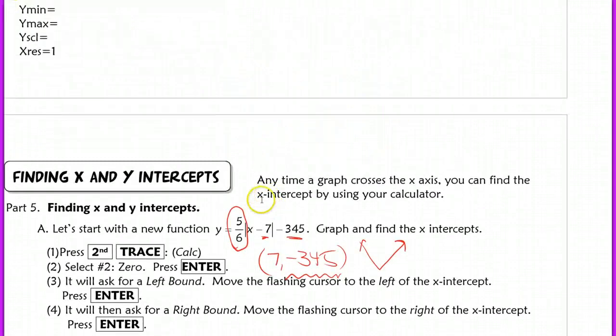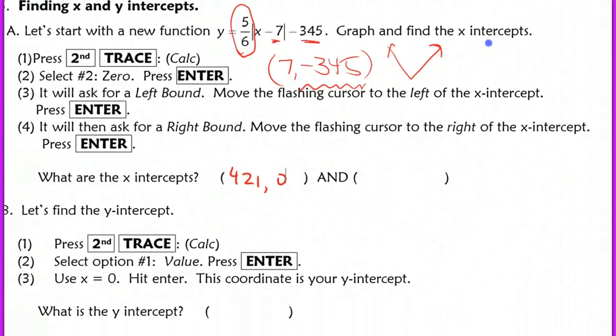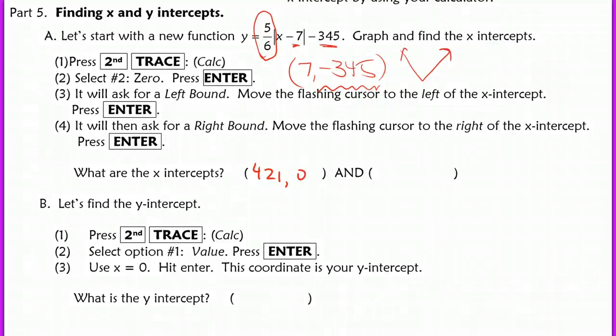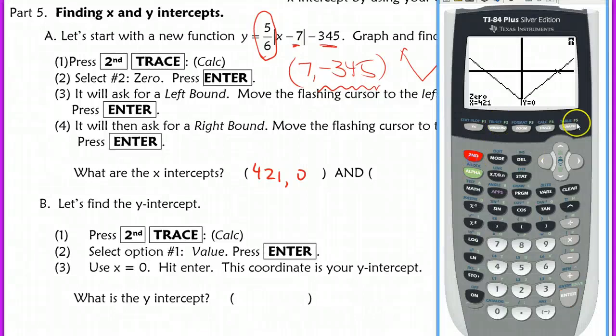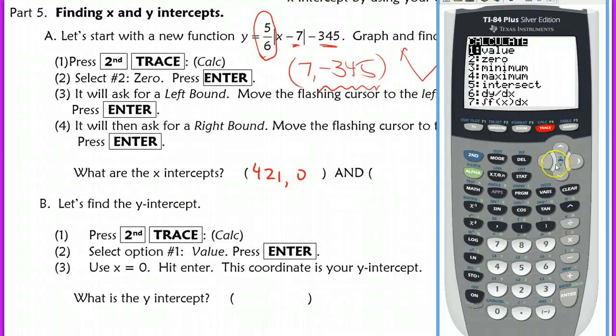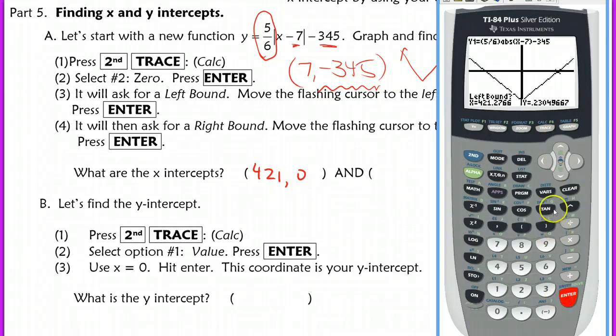Now, let's work on finding the other x-intercept. So now you're going to do that same process. Second, calc. Go down to zero. Hit enter. Now I got to go all the way to the left side. It's kind of moving pretty quick. And I'm going to stop here because that's on the left side of this point.